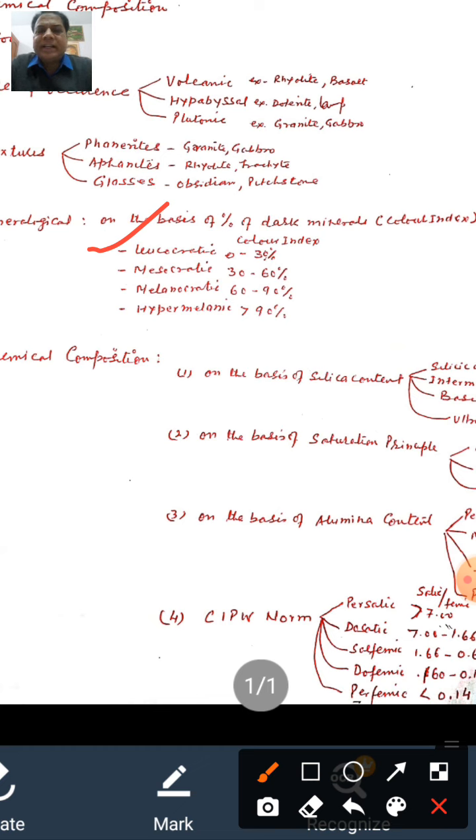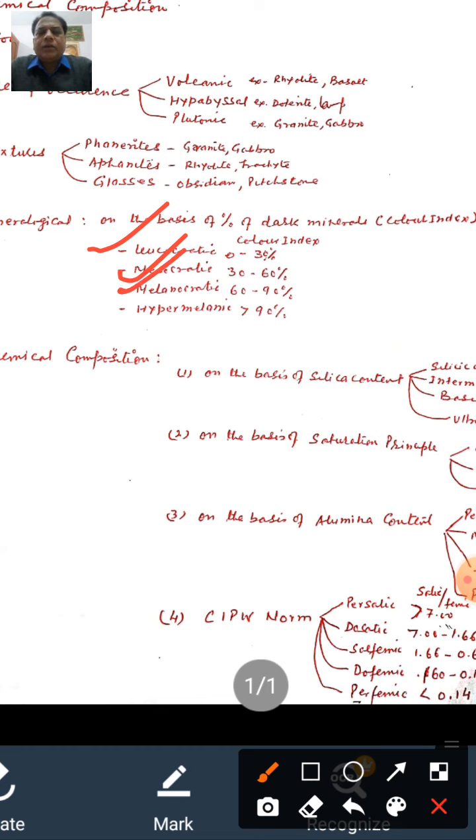Leuco means light colored rocks. The second category is mesocratic, when the mafic minerals are from 30 to 60%. Naturally the rock will be partly light, partly dark, means the felsic and the mafic minerals are almost in equal amount.